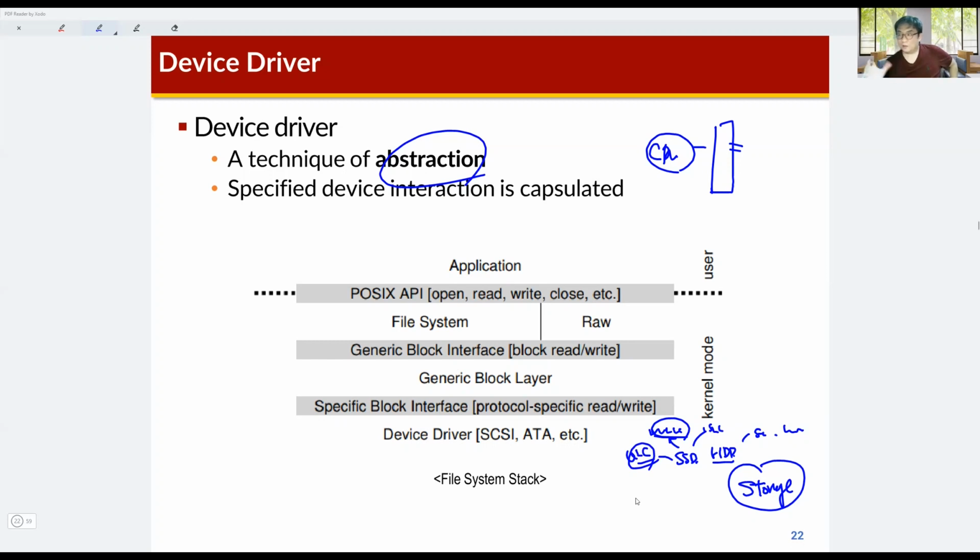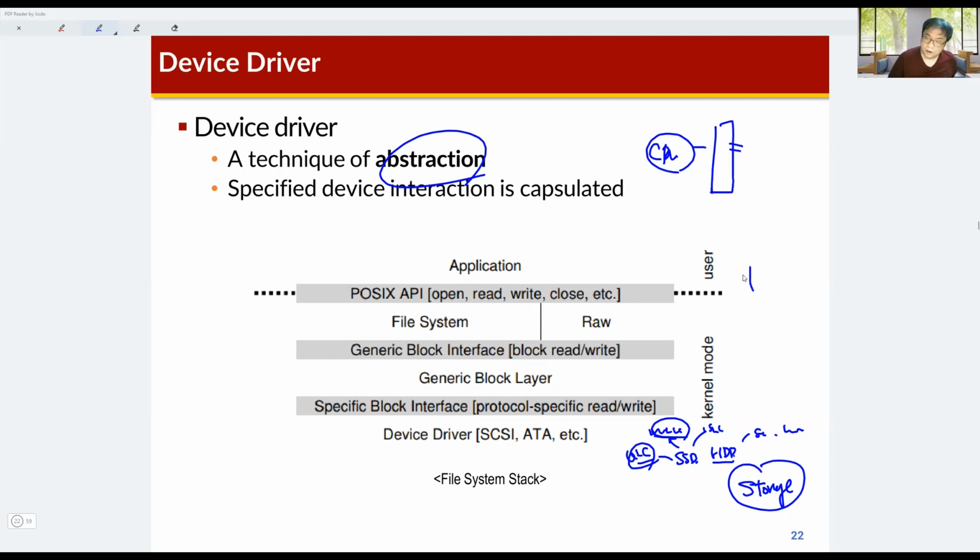So there are different types of storage devices or different types of I/O devices. It's not easy to control these different types of devices. So how can we control this different type of device? We can use the abstraction.